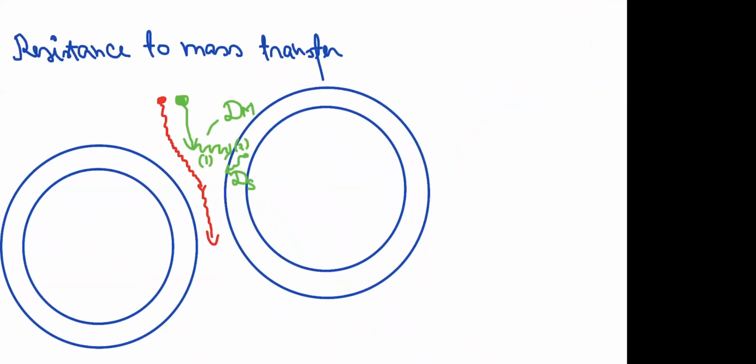So therefore, the resistance to mass transfer, which we usually denote by C in the van Deemter equation, is dependent on the mobile phase diffusion coefficient, but it is inversely proportional to it.